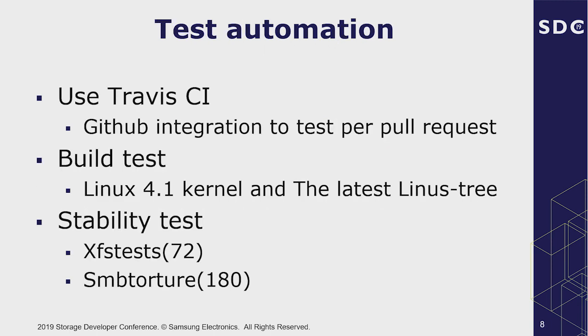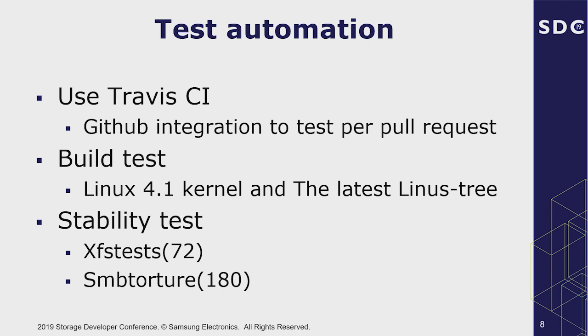CIFSD recently built in test automation. There are several CIs, but we chose Travis CI to be able to integrate with GitHub. By using Travis CI, we can automatically test patches in pull requests. The tests consist of a build test and a stability test.